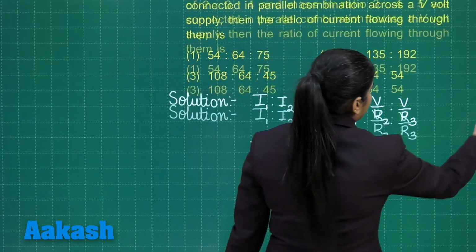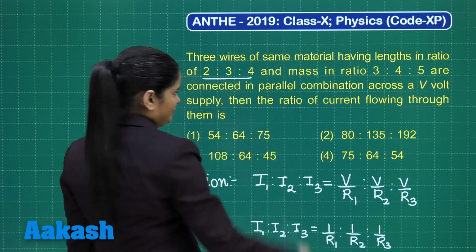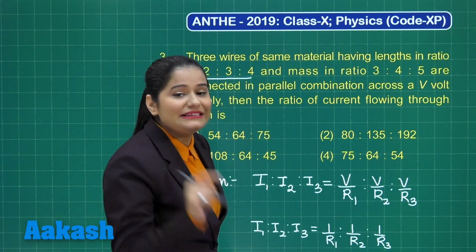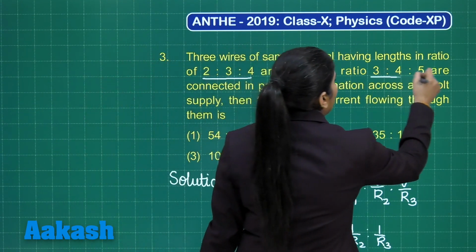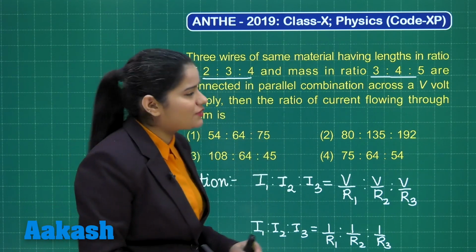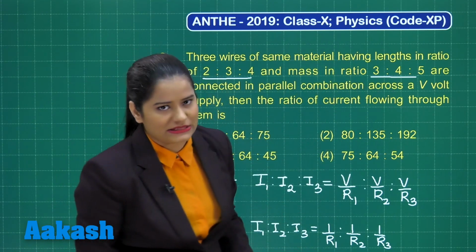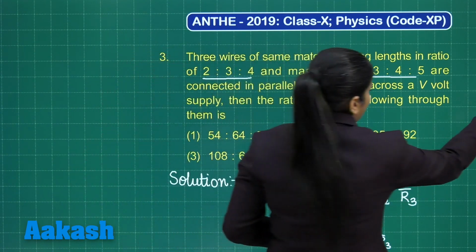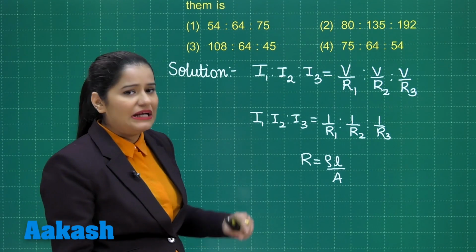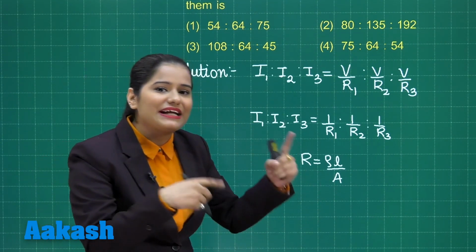Here in this question we are given the ratio of the length of the wires and we are not given the ratio of the areas. Instead we are given the ratio of the mass. Now here I know most of the students would have got stuck because they do not know what to do with this mass. I am going to tell you what was expected from you to do. See here, we know that we can find out the relation between the resistance and the volume.